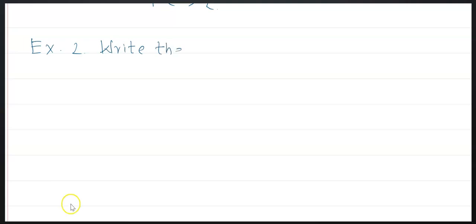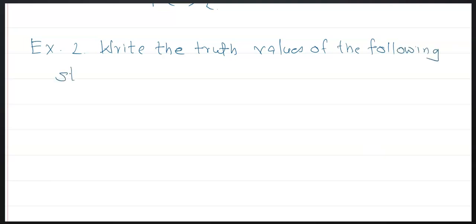Next is example number 2. Write the truth values of the following statements. Now we want to write the truth values of the following statement. The first is: 3 is a prime number.